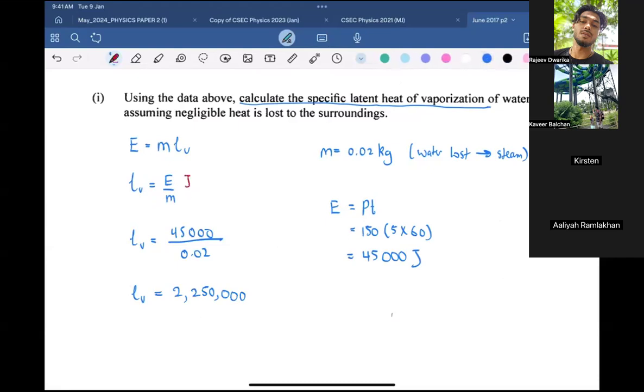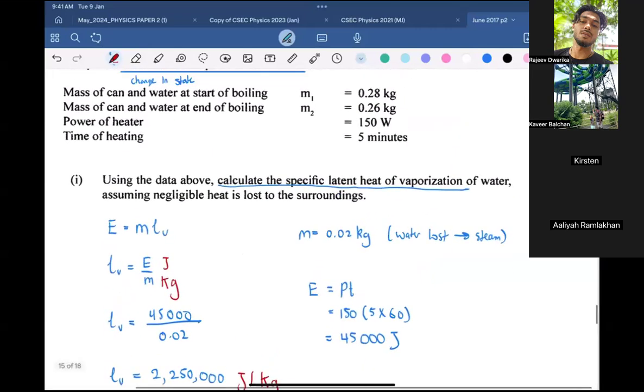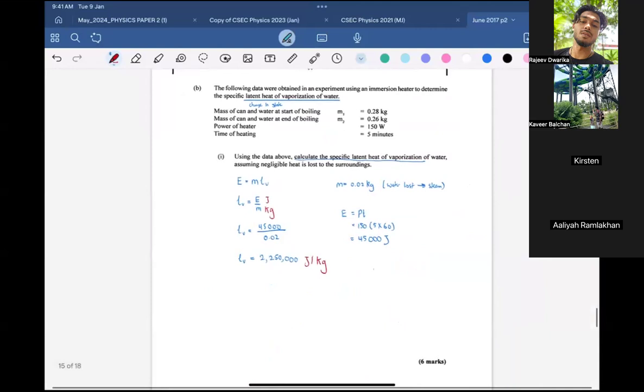And what is the unit for mass? Mass is measured in KG. Yes. So the units would be Joules per kg. Exactly. Six marks, guys.